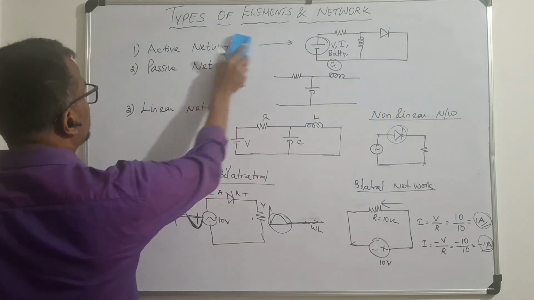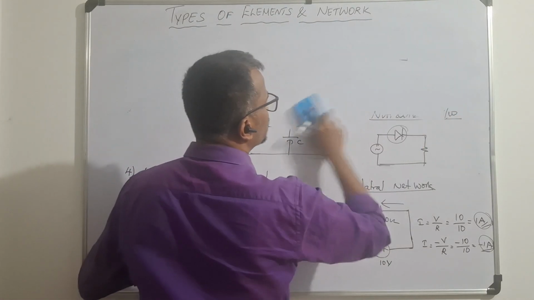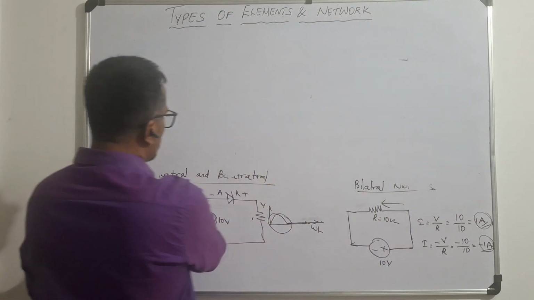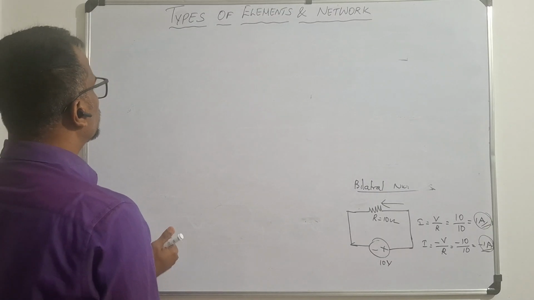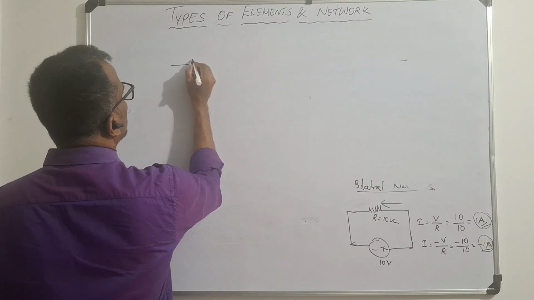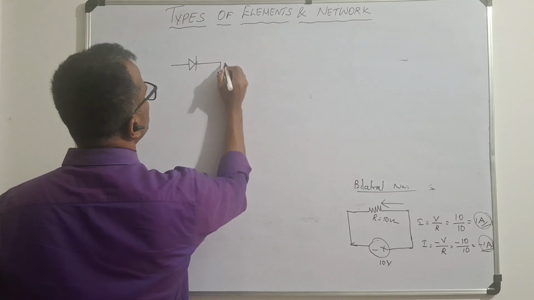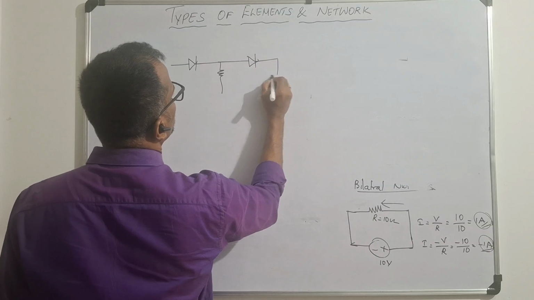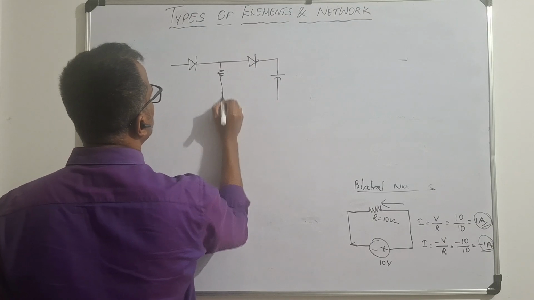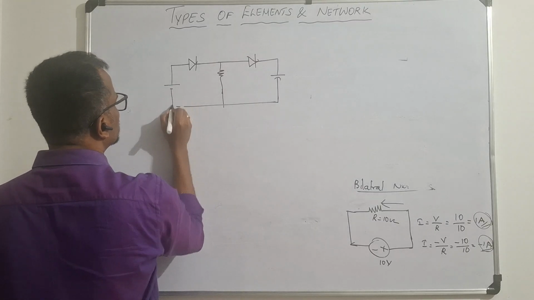Let me ask you a question about this. Assume we have a network with a diode, one resistance, and another diode here, and we have a capacitance. It is a simple circuit, I am just drawing it for your understanding.